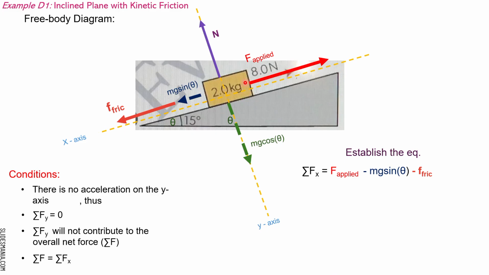When you pull something that's on a ramp, the forces that act against it are both the weight, the parallel component, which is mg sine theta, and the frictional force that the ramp itself exerts on the box. So this is why we have this equation right here. We're adding the force vectors F applied, F friction, and mg sine theta.